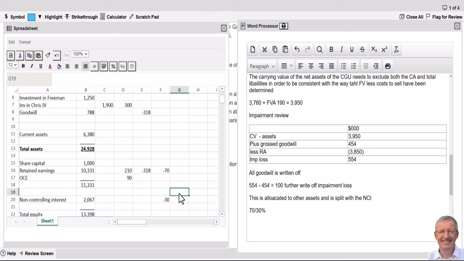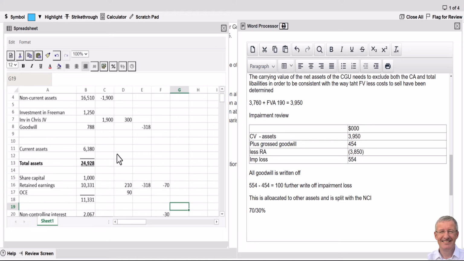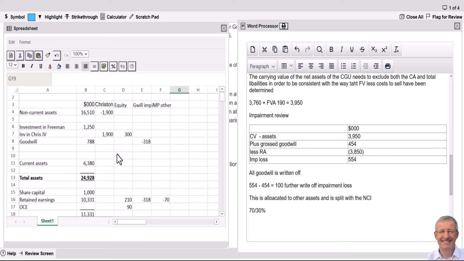Now remember that we're excluding the current assets, we're excluding the liabilities. So when I look at the reality of the question, the only assets that we can allocate this against are the non-current assets.